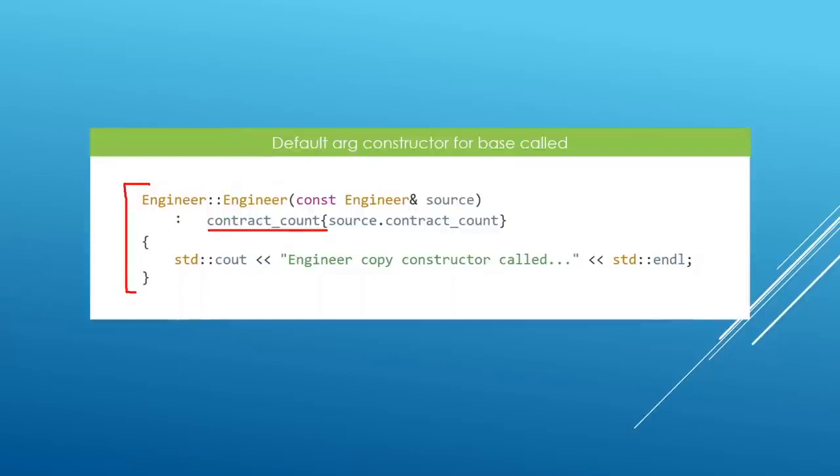This is going to call the default constructor to initialize the person part of us, and we will just be left with junk data that is initializing the person object by default. And all the data we have in our parameter engineer object is just going to be lost for the person part of us. So we don't want to do this. This is bad design. You shouldn't do this.